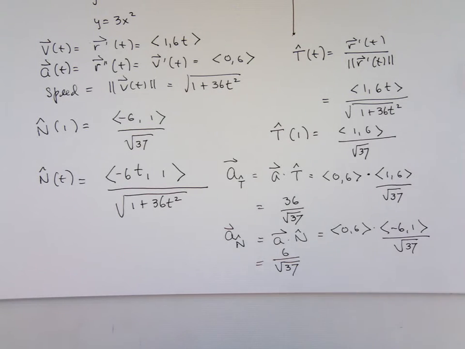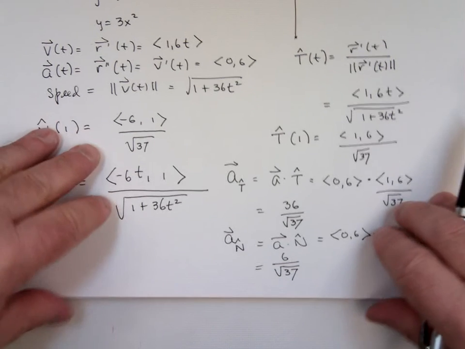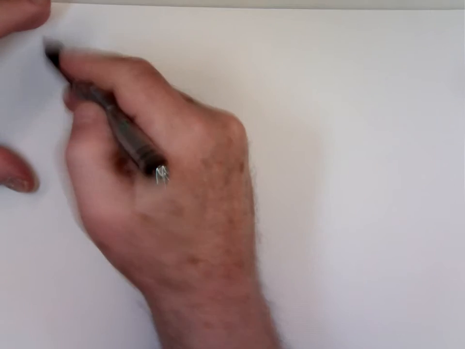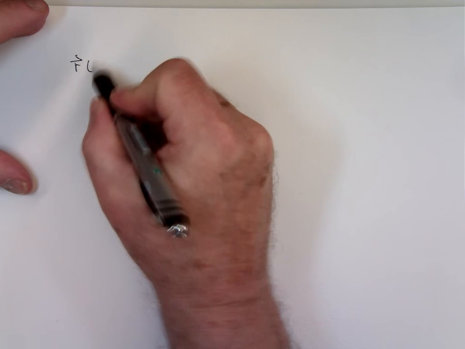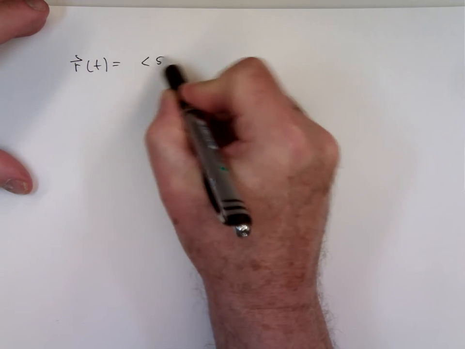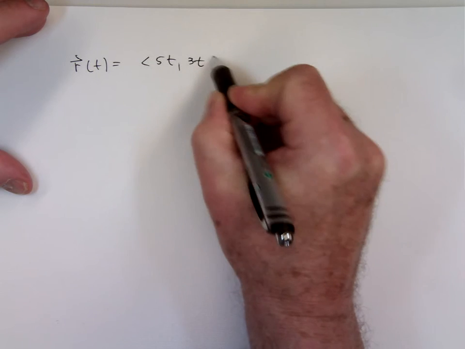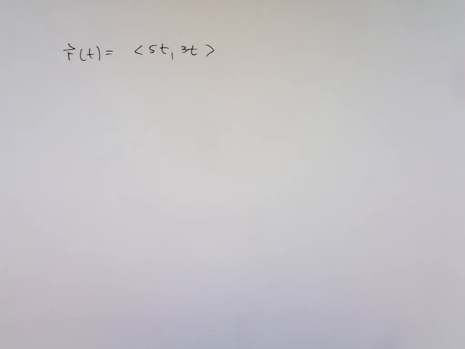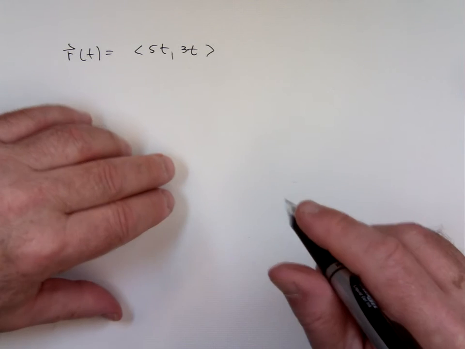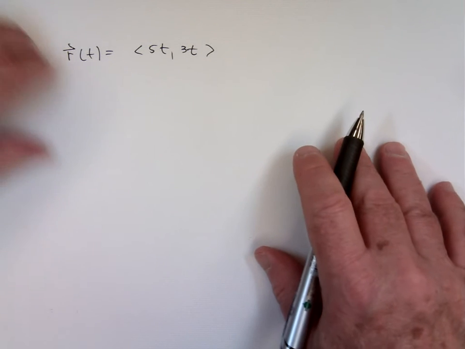Question over the sign. Go ahead. It gives you the vector function of r(t) equals 5ti minus 3tj, and it wants you to get the normal. Okay, you ready? And I already have the tangent, which is in vector notation 5, negative 3, over root 34.